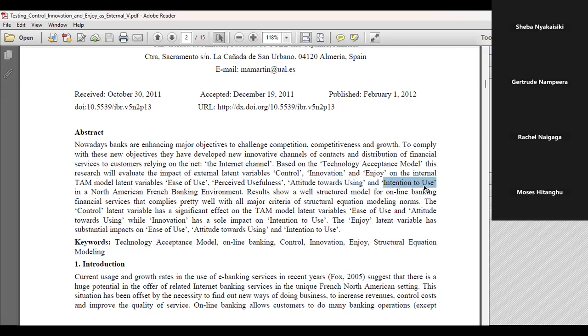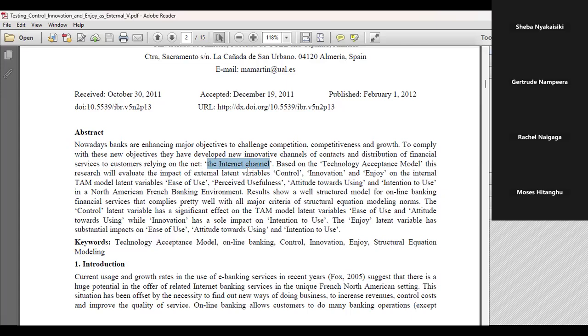Okay, so why are they doing this? They are pointing out that banks in that earlier period of 2012 were coming up with new innovations, new innovation channels, especially online banking. And we've seen that in Uganda as well, that most banks are picking up online banking.